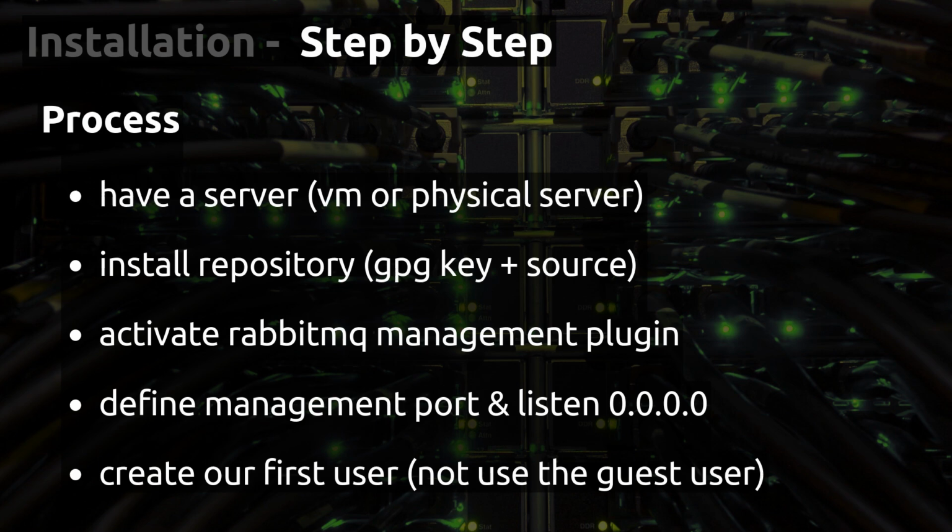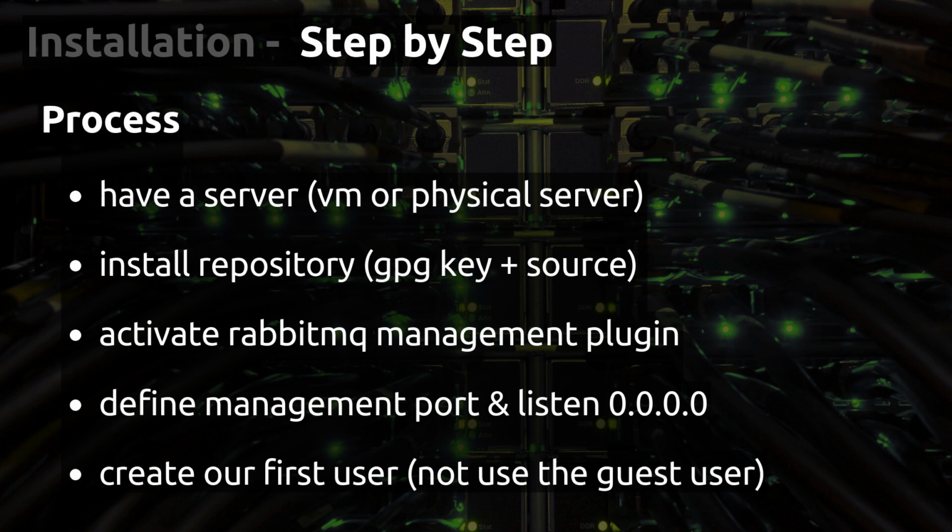And after that, of course, we want to use the graphical user interface of RabbitMQ, and we need to activate this plugin with the plugin management, so with the plugin management to activate the RabbitMQ management plugin, so to activate the GUI.